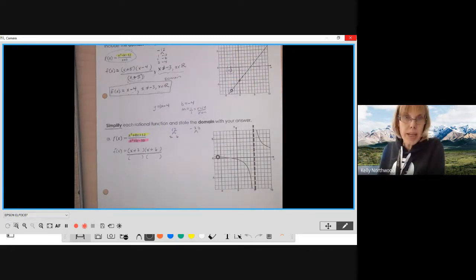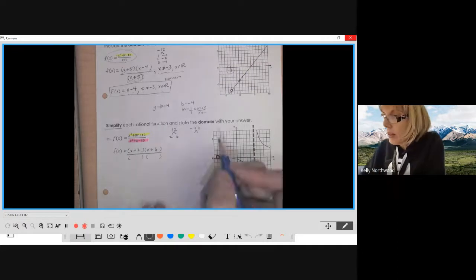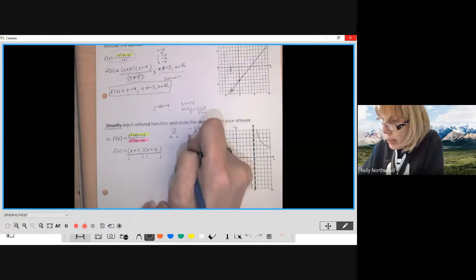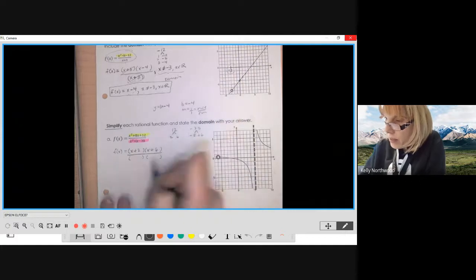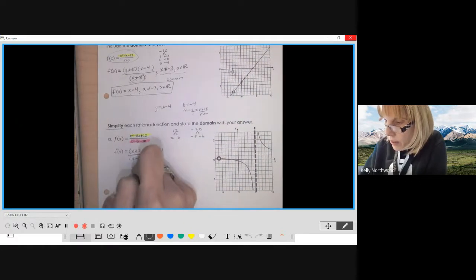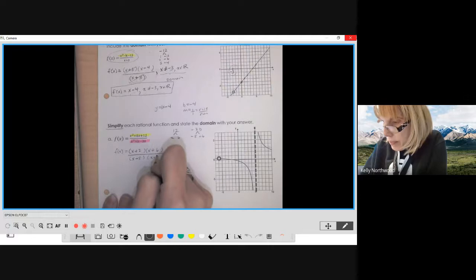So one's positive, one's negative. The bigger one is positive. It's not going to be 1 and 30, 2 and 15, 3 and 10. Where does it go in? 5 and 6. So it'll be -5 and +6. So x minus 5, x plus 6.